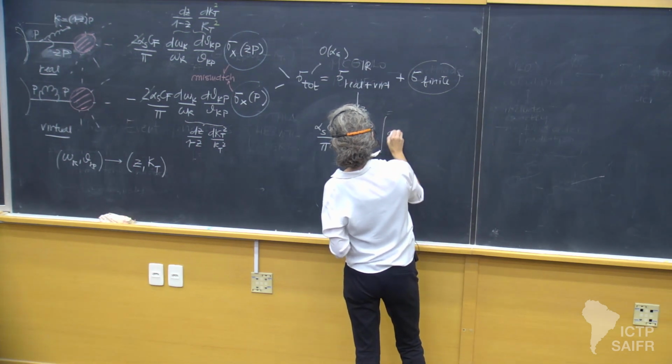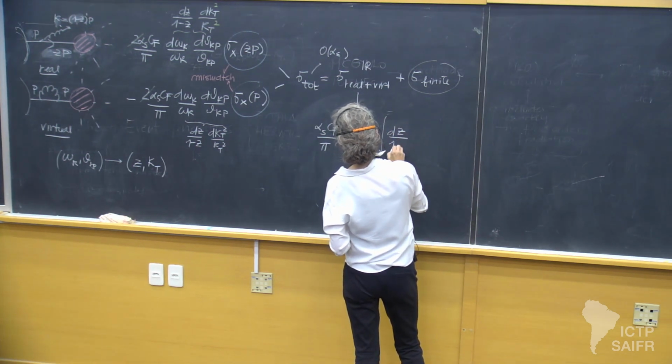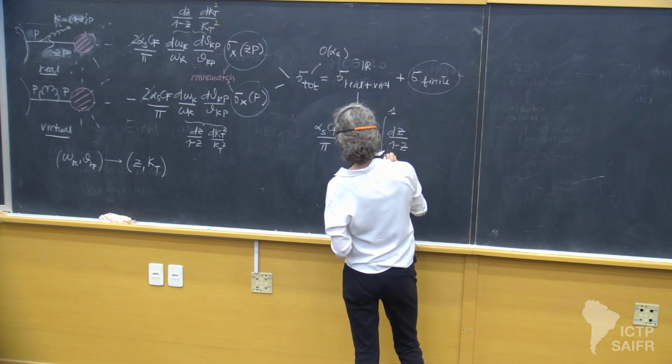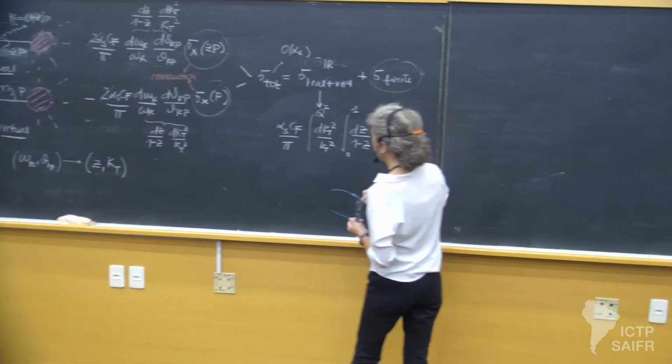You would have the integral in dz over 1 minus z that goes up to 1, starting from 0, and 1 is the problematic point.